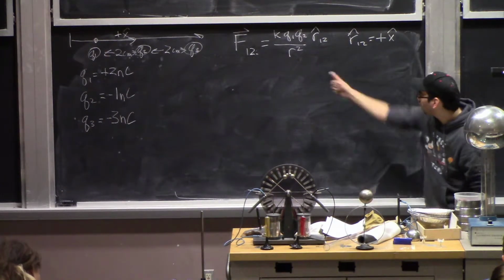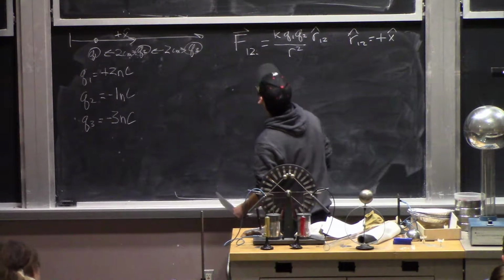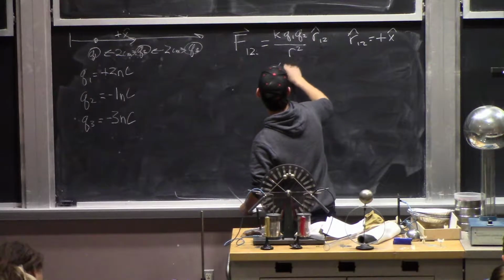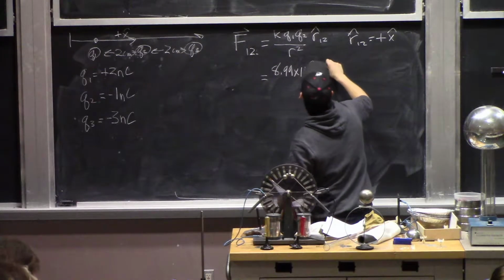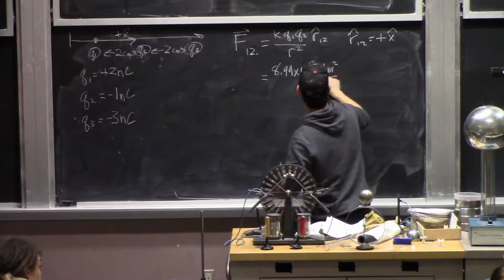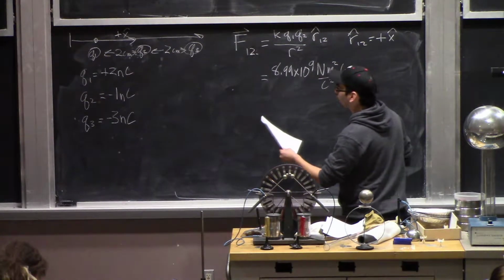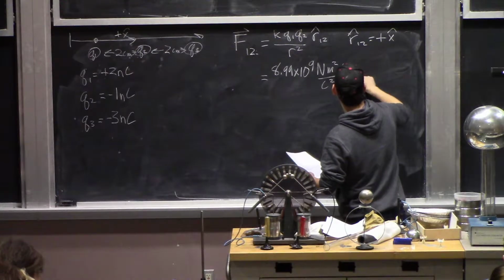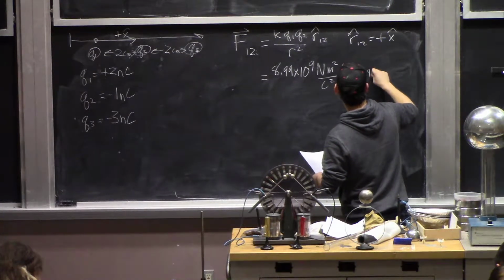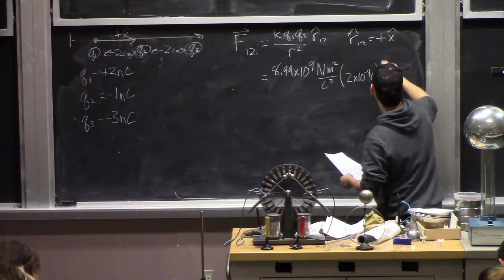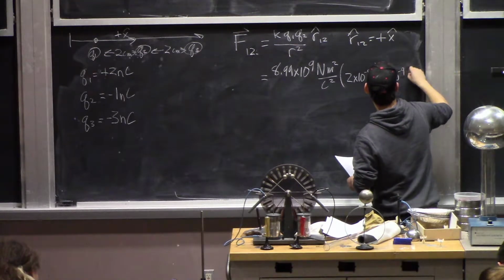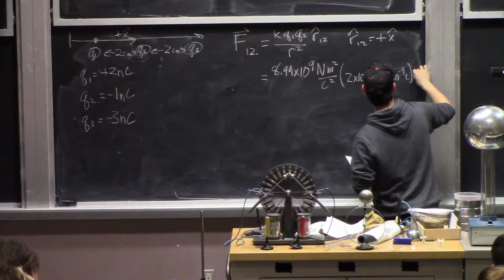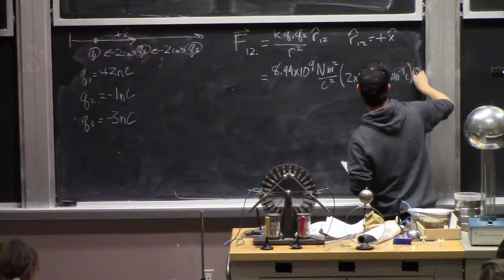Okay. Now let's plug everything in. So this is going to be equal to 8.99 times 10 to the 9 Newton times meter squared per Coulomb squared times 2 times 10 to the negative 9 coulombs times negative 1 times 10 to the negative 9 coulombs times a unit vector in the positive x hat direction. Okay?